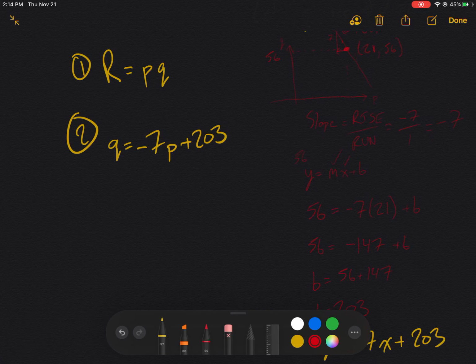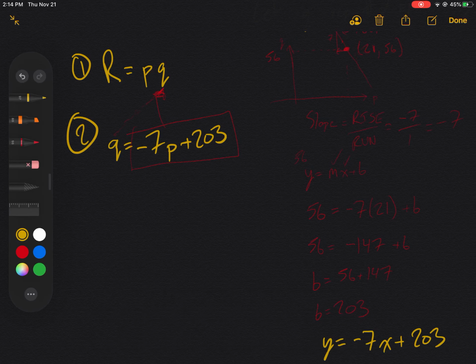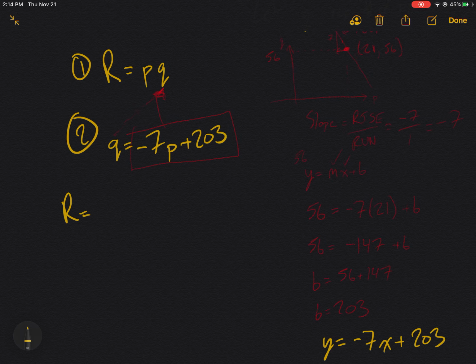Okay, so my next step is, see this Q? Whenever I see a Q in my first equation, I'm going to replace it with this. So let's try it. R equals P times Q, which is minus 7P plus 203.